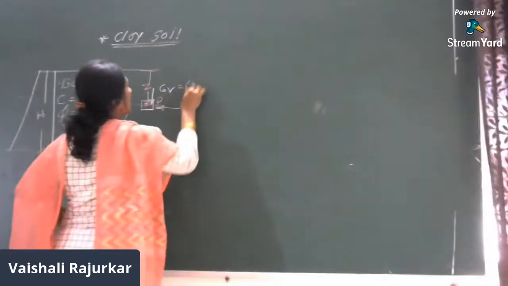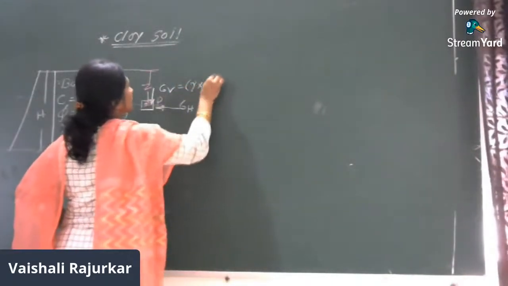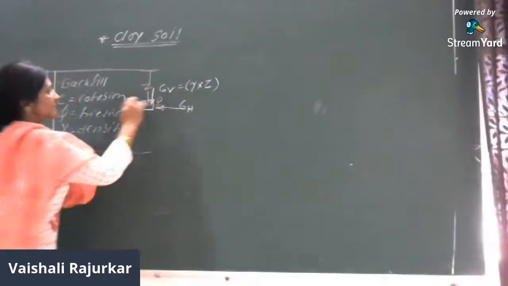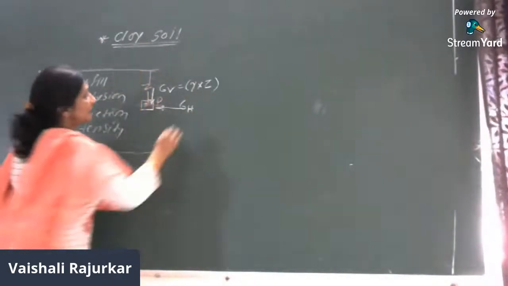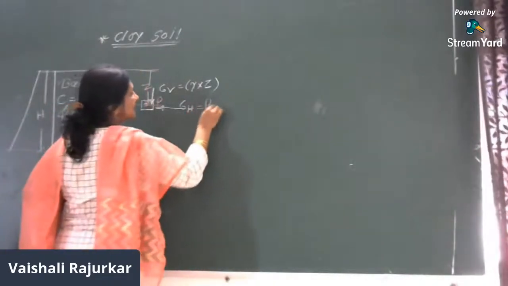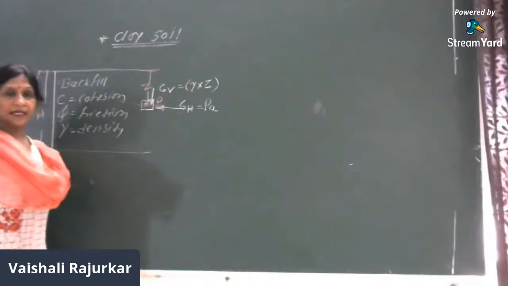It will be gamma into Z, that is the weight of the soil placed above this point. And this sigma H will be considered as PA, that is the active earth pressure.